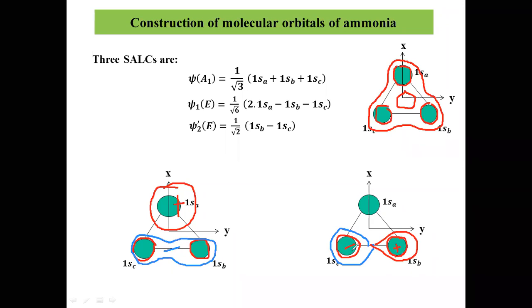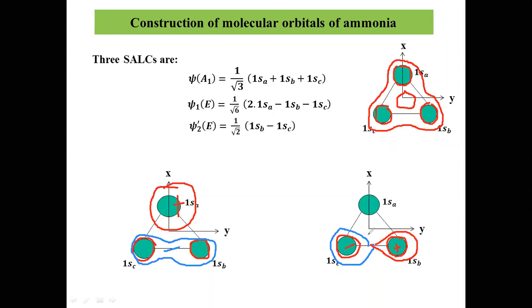This itself tells you that the SALC of A1 type is going to be totally symmetric, a kind of s orbital, so this remains invariant under all the operations. This is going to be py. That means psi 1 is going to be, sorry, px type, and psi 2 prime is going to be py type.